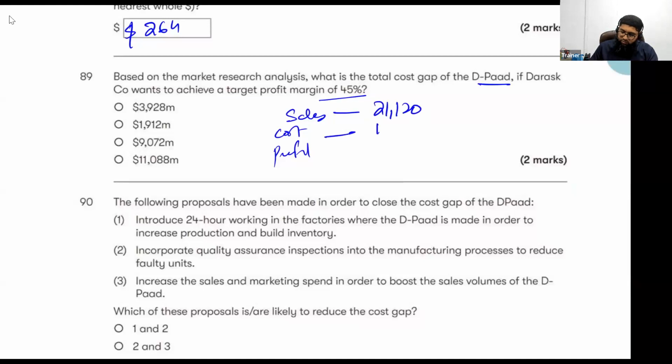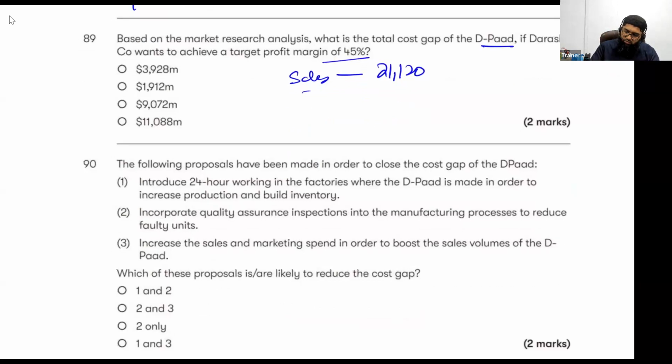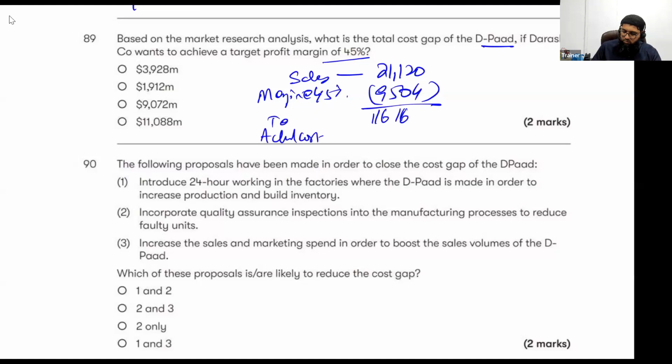The cost, margin at 45%, 9504. The actual cost is 13,200, which we already calculated. 1584 is the cost gap.